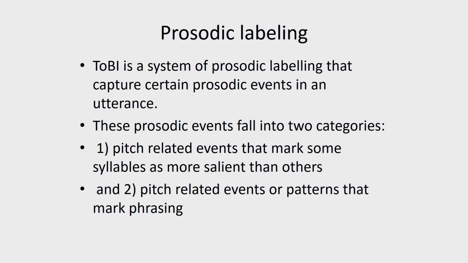So when we are doing ToBI labeling, we have to keep in mind that prosodic events fall into two categories: pitch related events that mark some syllables as more salient than others, and pitch related events or patterns that mark phrasing. So as we have been repeating, these are the pitch related events where we mark prominence and phrasing. These are the two important things if we consider using ToBI labeling for intonation.